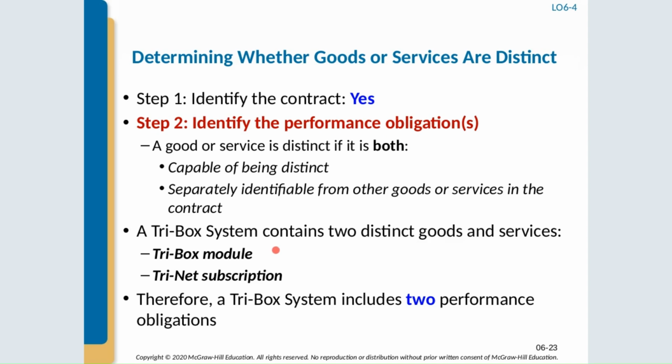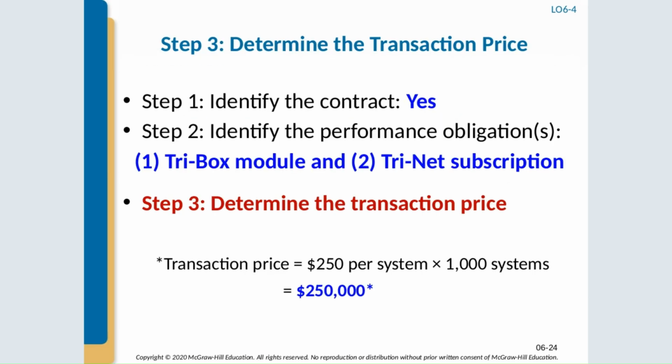One being the module, which is given to the customer at point of sale, and the other one is the subscription, which is the $60 per year, which we're going to have to recognize gradually, right? So we have two performance obligations. Okay, so we already determined that, and we have a price, $250 per item for this package deal. We sold 1,000 of them, so we have revenue recognition of 250,000.